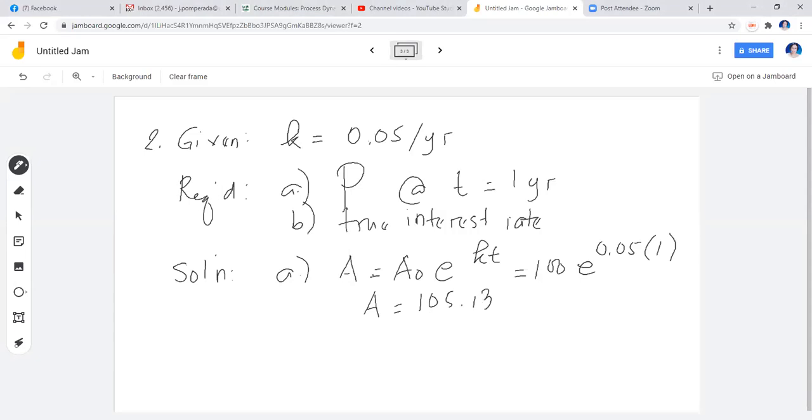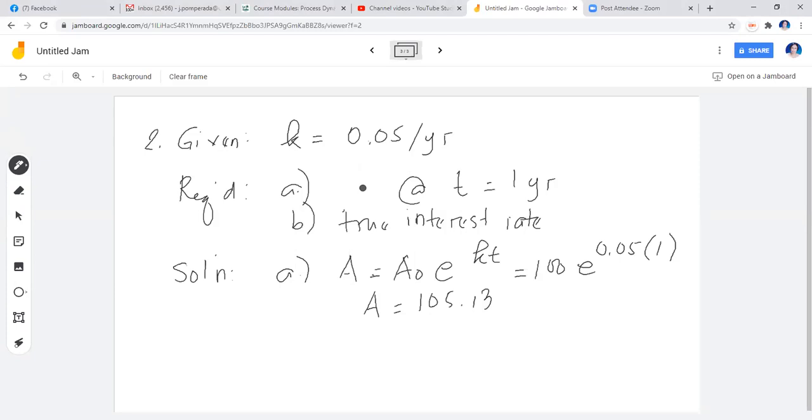But if we go back to the question, I'll just read it to you. It says the amount earned. So what we have solved actually is the amount after a year. So if it's the earned amount, and if we will place interest as capital letter I, then we're after the interest that our money earned.